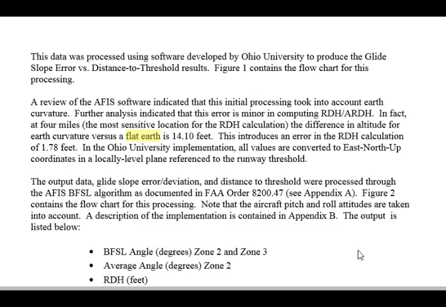Now that may not be much of an error, okay? 1.78 feet. But it could mean the difference that if you continue down that error path of 1.78 feet, say for another 100 miles, then you end up somewhere you didn't think that you should be going.